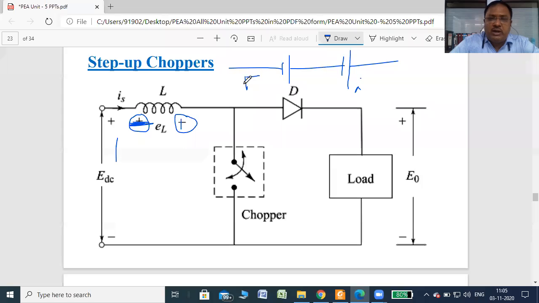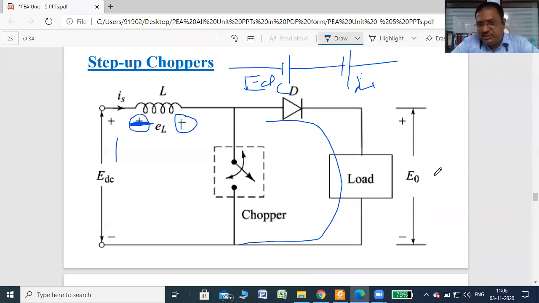This voltage is EDC, and this is the voltage across the inductor, L di by dt. So by the addition of these two voltages, the total voltage drives current through the diode and through the load, so that E0 is equal to twice EDC, or definitely greater than EDC, right? During switch on, the inductor stores the energy, and during switch off, the inductor releases the energy, right?